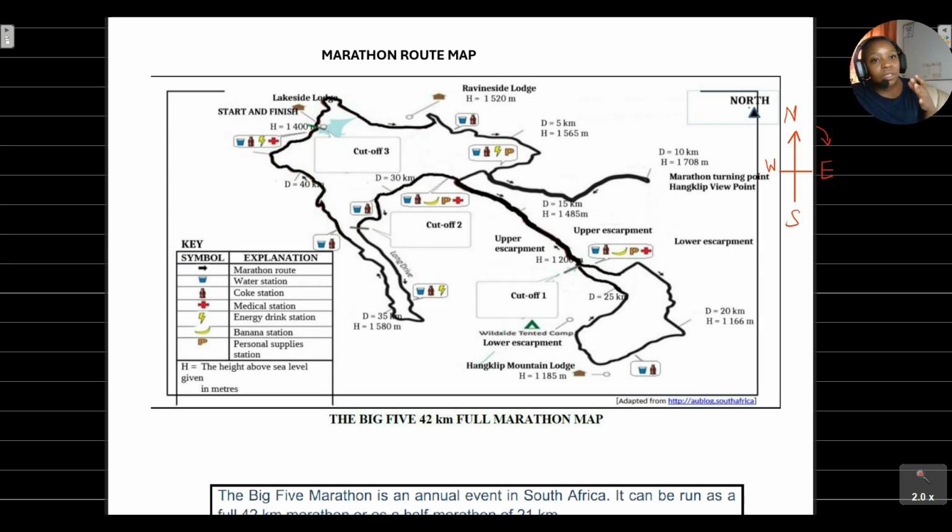All right, so give yourself some time to just analyze what's happening there. We're also given some very important information there: cut offs. We're given cut off number 3 at that point where the height above sea level is 1,400, cut off number 2 at that point, and cut off number 1 at that point there.